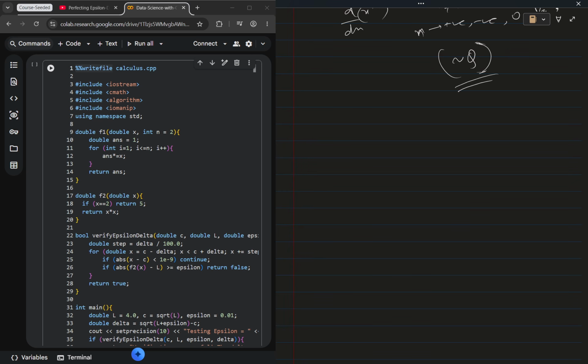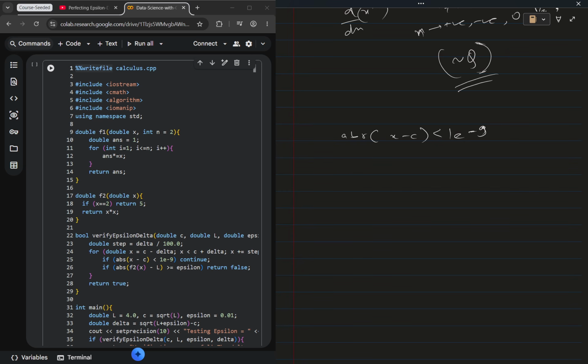So you had to modify for this function exactly, which is x double equals 2, return 5. We can obviously solve this very easily. You can just remove that absolute of x minus c is less than or equal to 1e minus 9, and just do absolute of x minus c over here less than 1e minus 9.